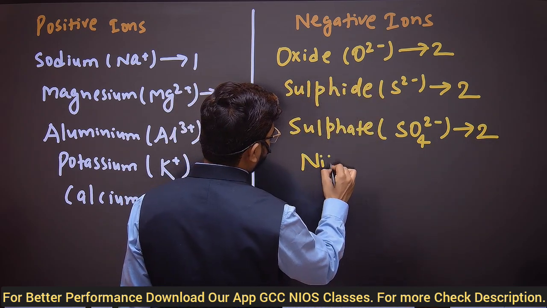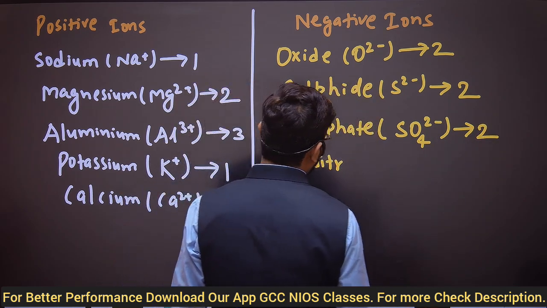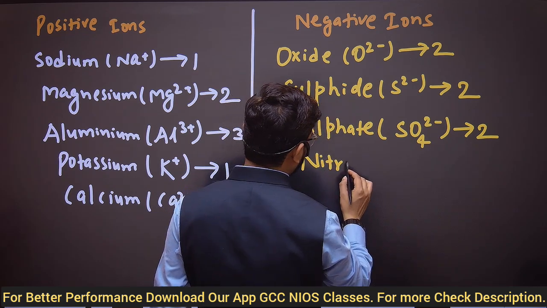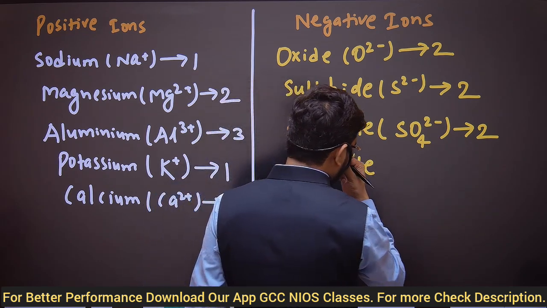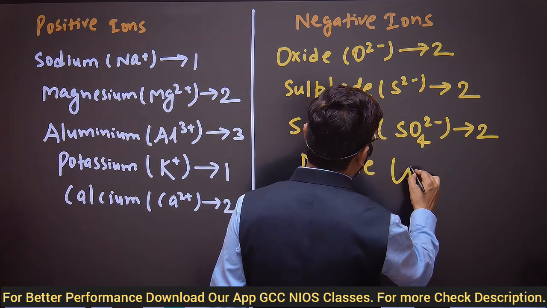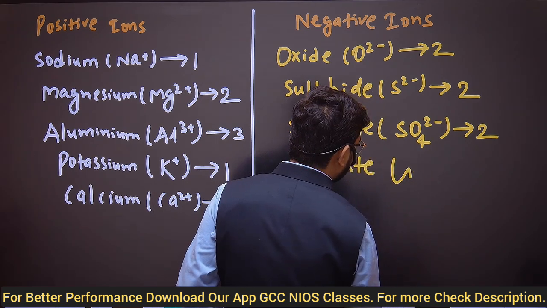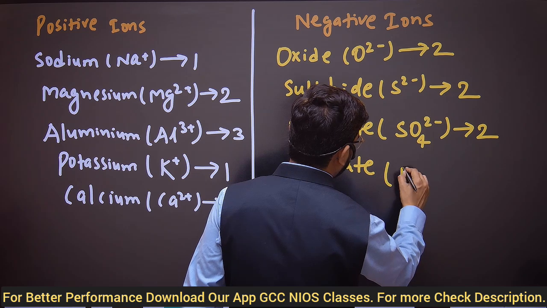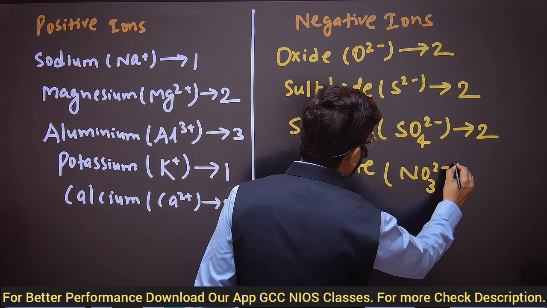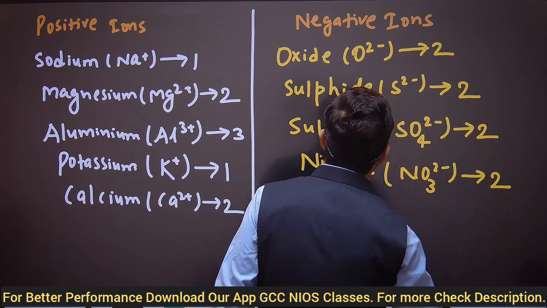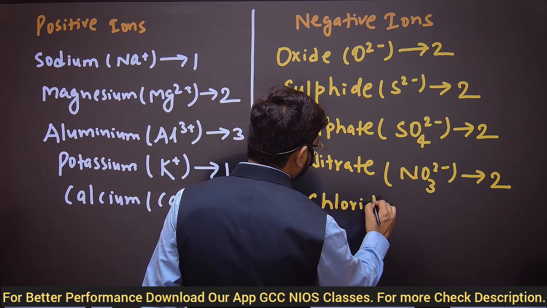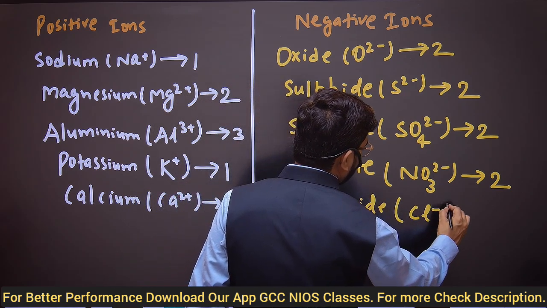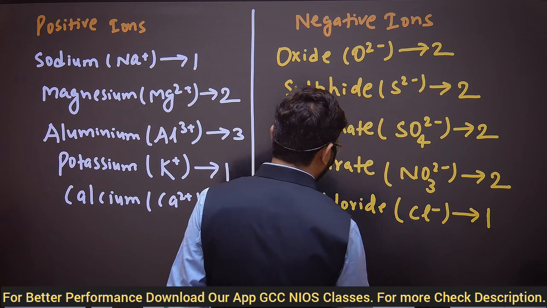Nitrate, NO3 minus, its valency 1. Chloride, Cl minus 1.